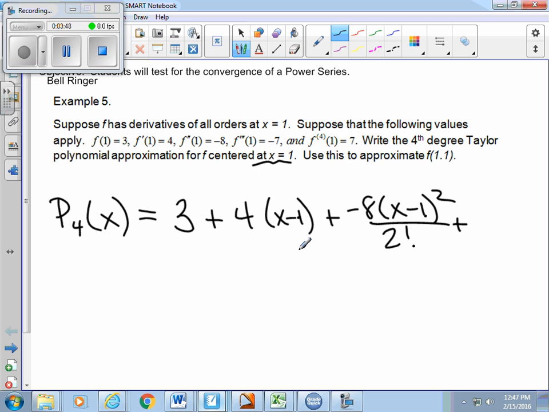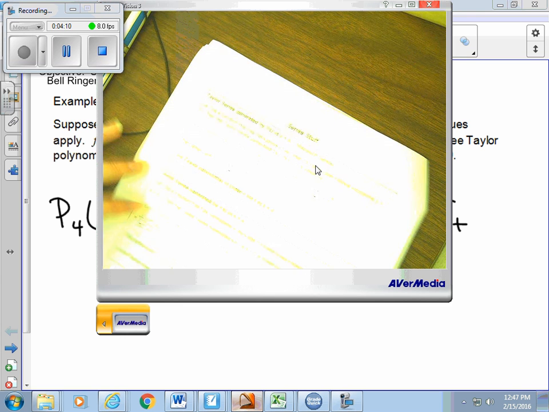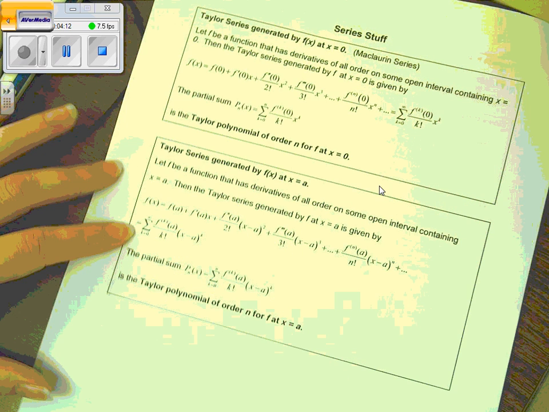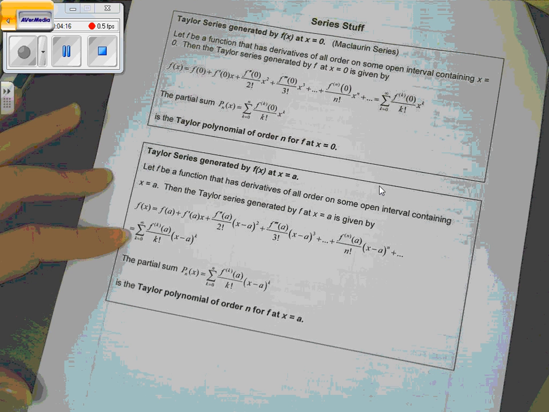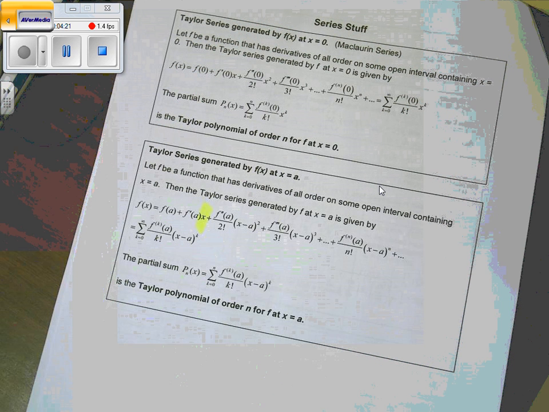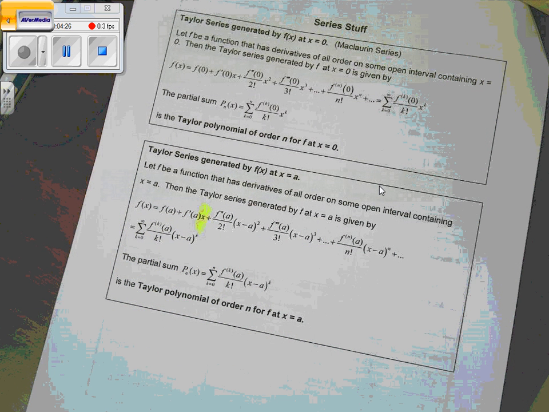It's got it on all the others, but on the Taylor series generated at x equals a, second box under series stuff. See this page right here? This should have been an x minus a. See that highlighted spot? Should have been an x minus a.